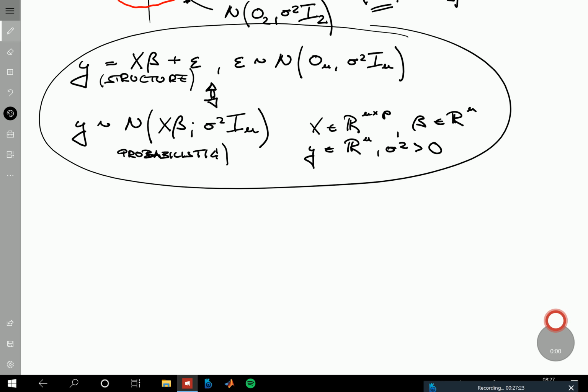And I actually favor the probabilistic form because that is like a real probabilistic model where you say, I assume my data are distributed according to this, this, and that. How you arrive at this distribution is of course interesting, and one can discuss. In this case, we arrive at this distribution because we assume that there's a deterministic component given by the design matrix times the beta parameter, and a stochastic component given by the errors. You can also come up with other reasoning to arrive at a certain probabilistic structure.